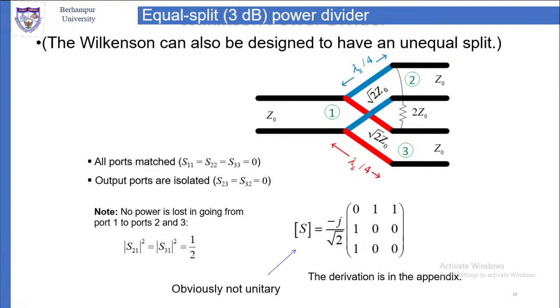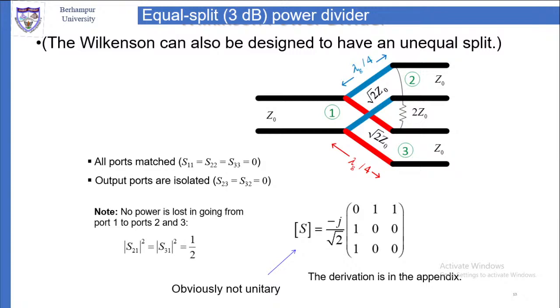Whatever power we get at port 2 should be equal to the power at port 3. But the condition is that the power at port 2 and port 3, when we combine them, may not be equal to the power given at the input.